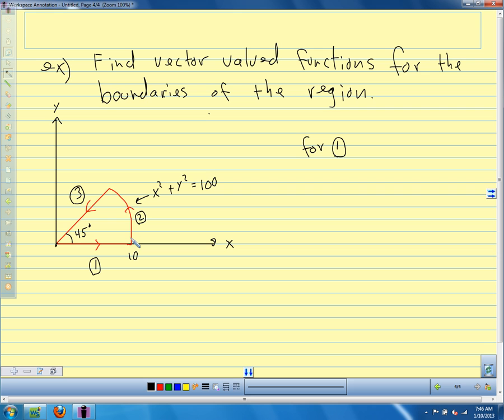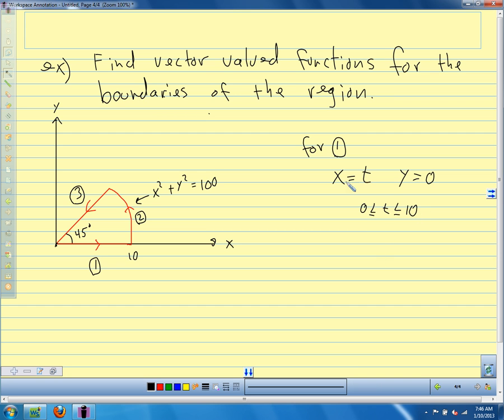Let's think, first off, of parametric equations. How can we describe that with parametric equations? x equals t? Sure. And y equals 0. And what does t vary from? 0 to 10. So 0 less than or equal to t less than or equal to 10.